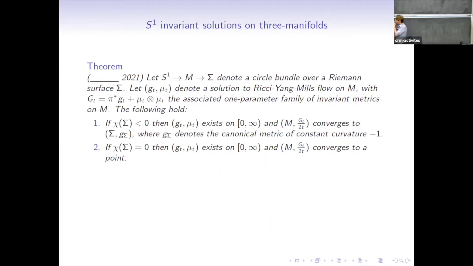If the Euler characteristic is 0, then the flow exists globally. And again, this blowdown limit will converge in the Gromov-Hausdorff sense to a point. So it's a little bit delicate what precisely. At least conjecturally, in all cases, it should just converge to... Actually, I'm offhand forgetting exactly what I believe here, but I think in case 1 they certainly can prove that, and I think I did not prove it in cases 3 and 4.